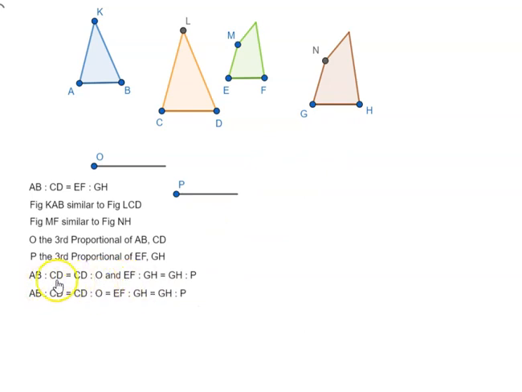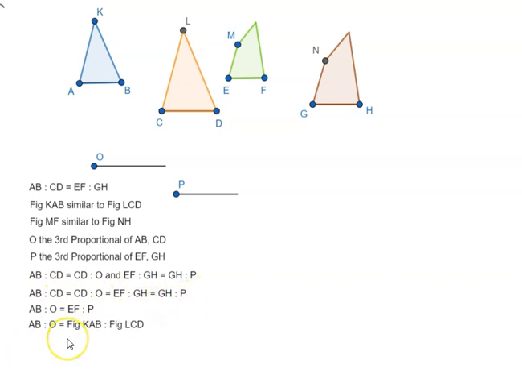Since AB is to CD as EF is to GH, that means AB is to CD equal to CD is to O is equal to EF is to GH equal to GH is to P. So these two are themselves equal. Which means AB is to O as EF is to P, by equality.